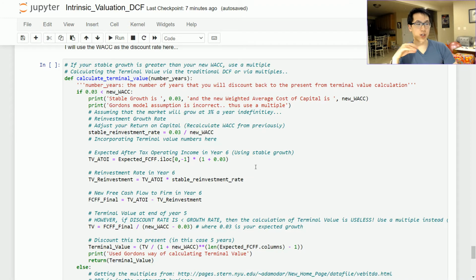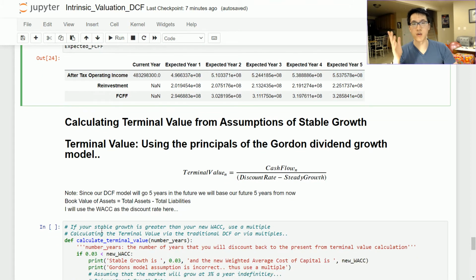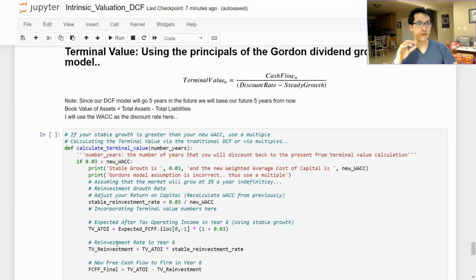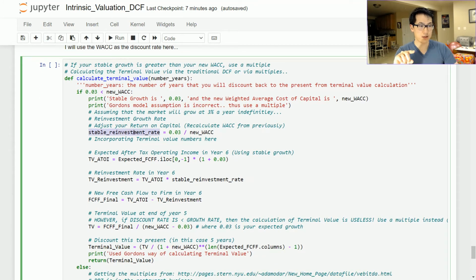The same logic applies as I did earlier when I'm calculating my free cash flow to the firm. After-tax operating income, and then your reinvestment value from your reinvestment rate and your steady rate. So there's a distinction. For the terminal value, I use the stable reinvestment rate and the stable growth, which I assume to be 3%.